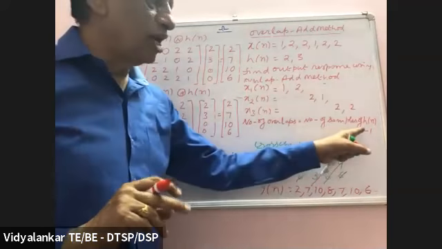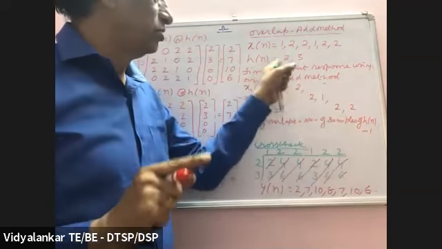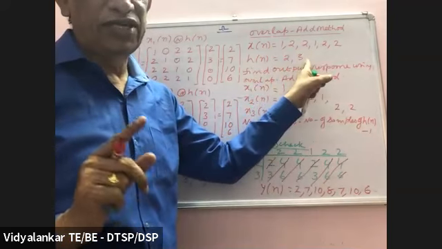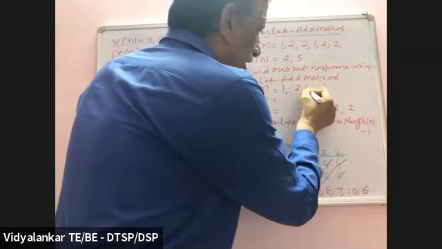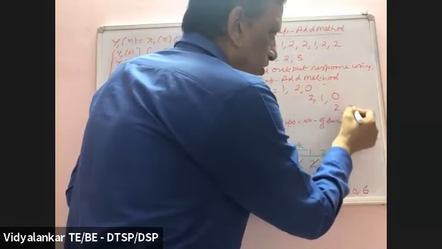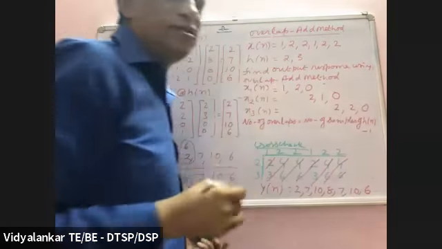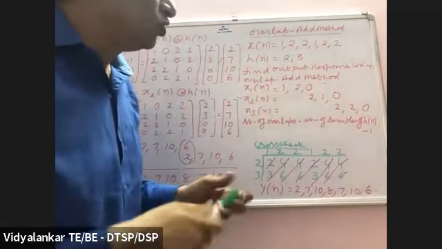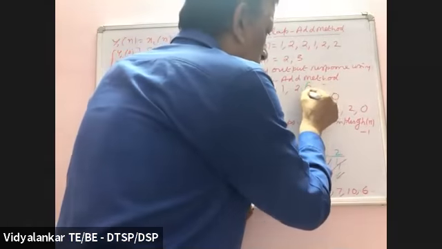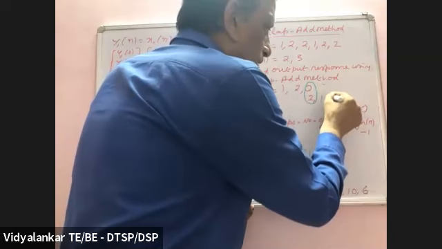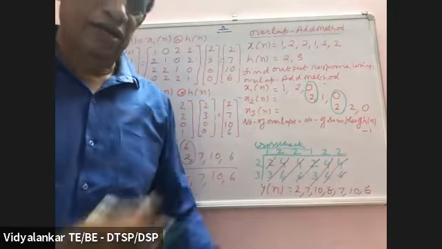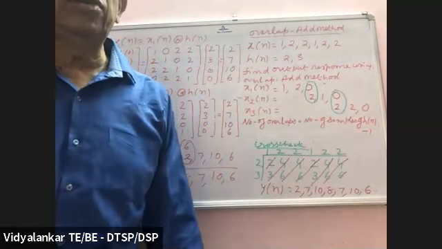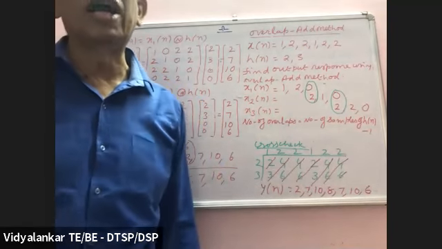Now, how many overlaps do we require here? Only one overlap, because two samples are given in h[n]. So 2 minus 1 is 1 overlap. So 1 2 0, then 2 1 0, then 2 2 0. So between x1[n] and x2[n], 1 overlap. Between x2[n] and x3[n], the same 1 overlap. So how many inputs to split? Between every two input sequences, there is only 1 overlap.